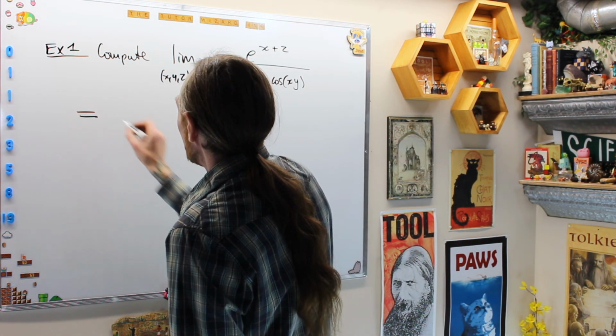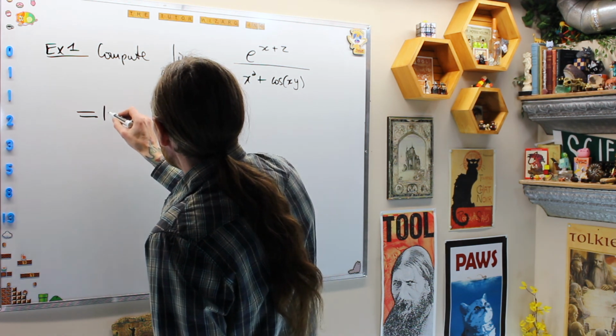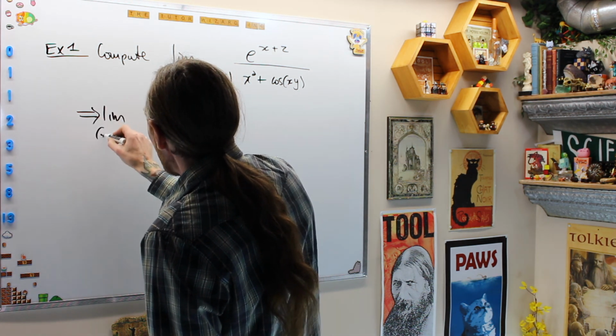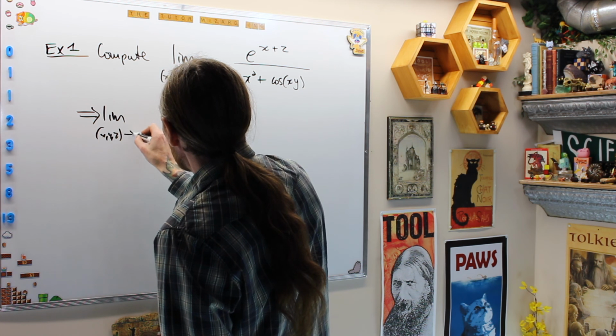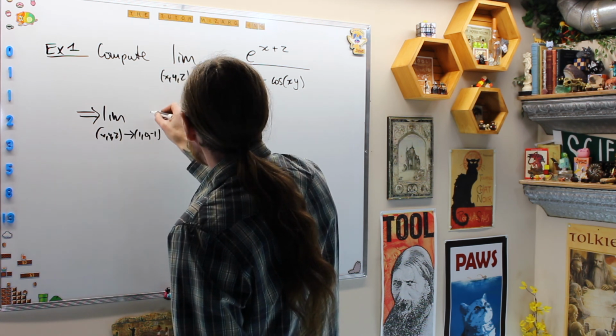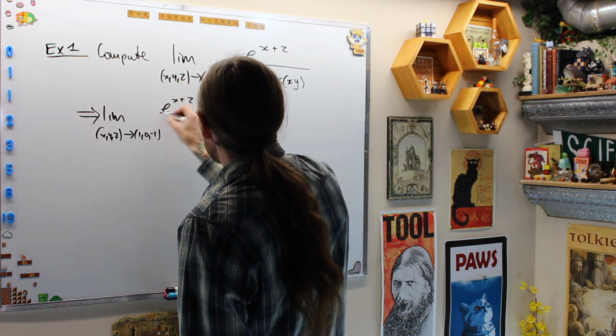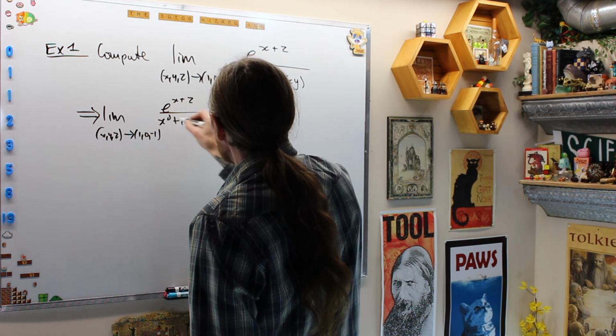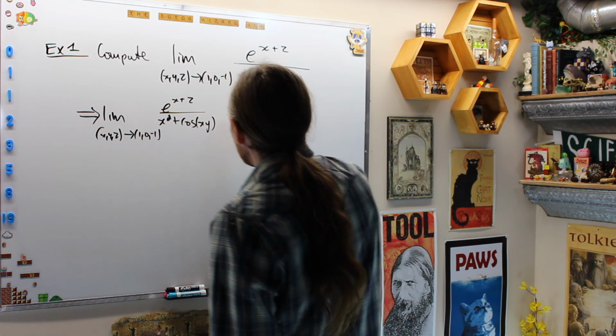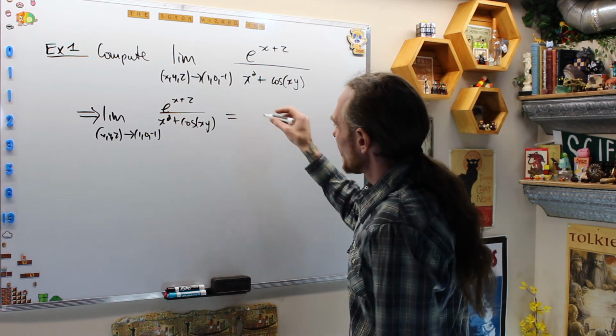That is equal to, let's say, the limit as x, y, z approaches 1, 0, minus 1 of e to the x plus z over x squared plus cos of xy, which is equal to, I can just plug in values.